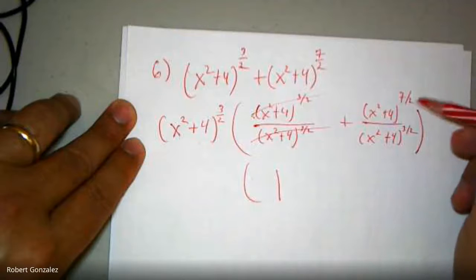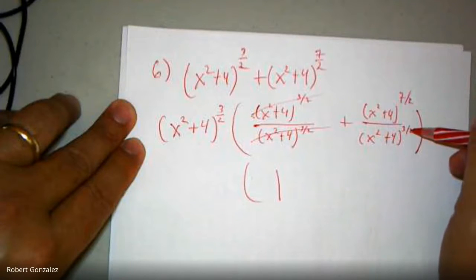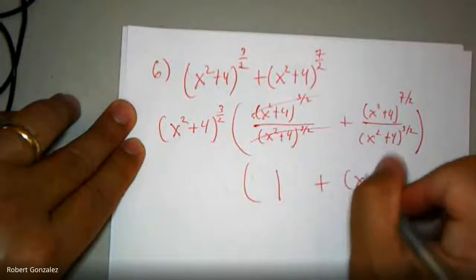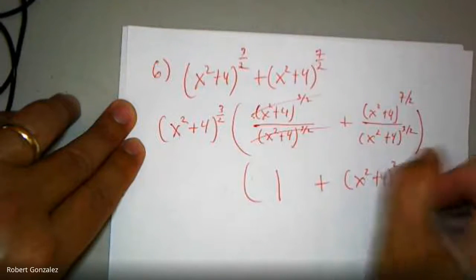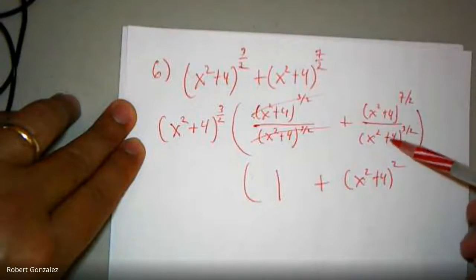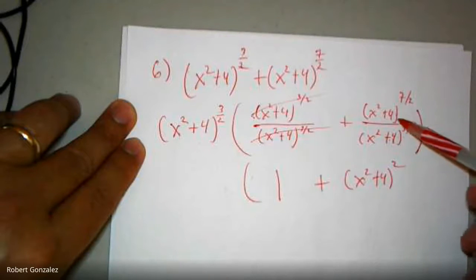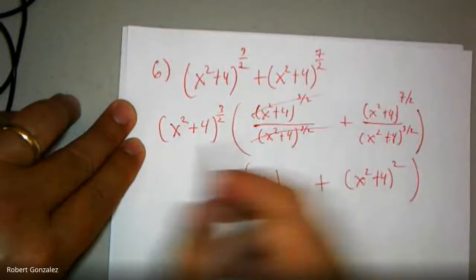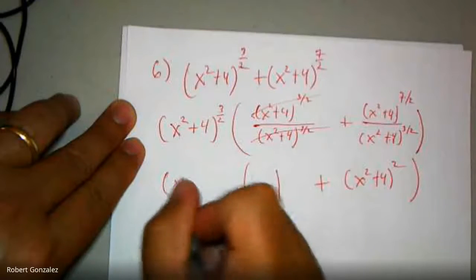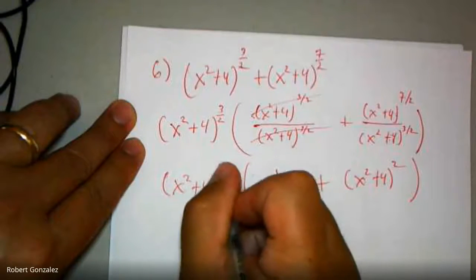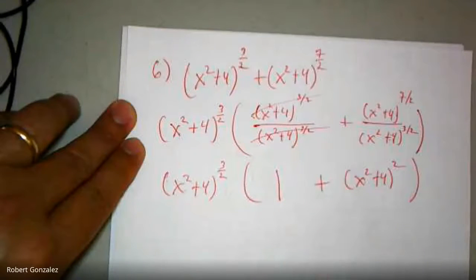Over here, 7 halves take away 3 halves gives us 4 halves. That means we're going to have x squared plus 4 squared. Notice that the x squared plus 4 doesn't cancel out, but when you have a common base, you subtract the exponents. I still have this outside as well. I factored it out earlier. That's why the inside changed.